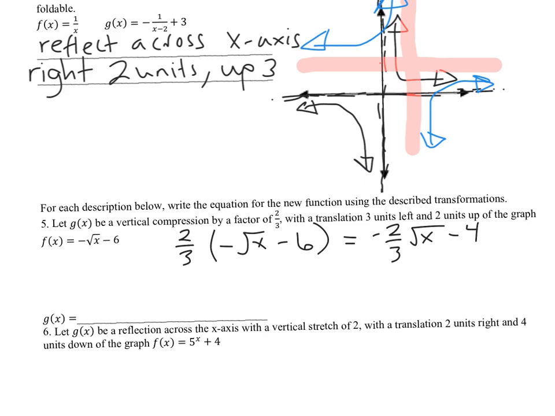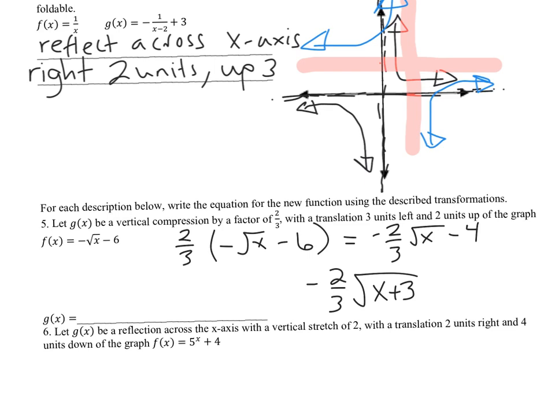And then there we go. That's what we have so far. Now what we're going to do next is a translation of 3 units left. So if I want to go left, that means I'm going to add to the x. So I have a negative 2/3 square root of x plus 3, because I'm adding to the x because I want to go left.